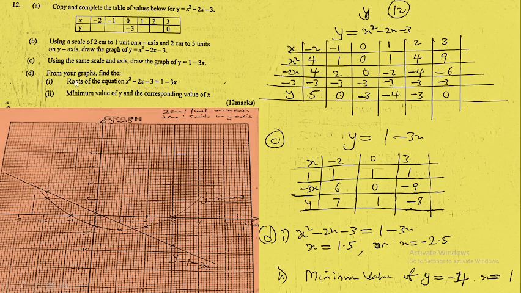Then question number D, from the graph, find the root of the equation x squared minus 2x minus 3 equals 1 minus 3x. We have to find the root of this equation. But what can we see in the equation? This equation is the quadratic equation, and the one on the right hand side is the linear equation. It means that y is equal to y here. So what does that mean?